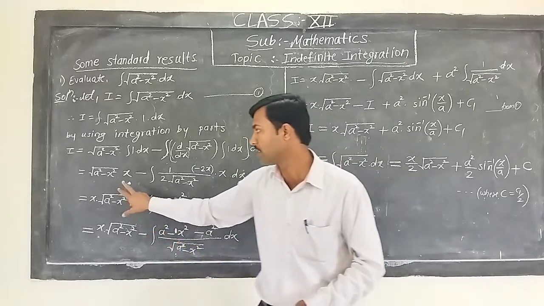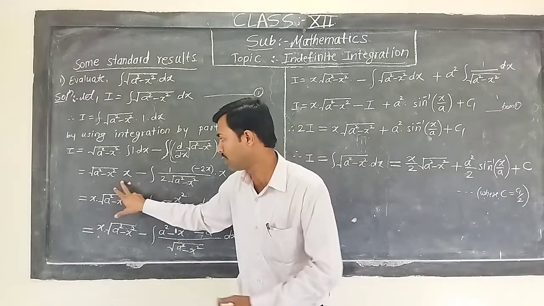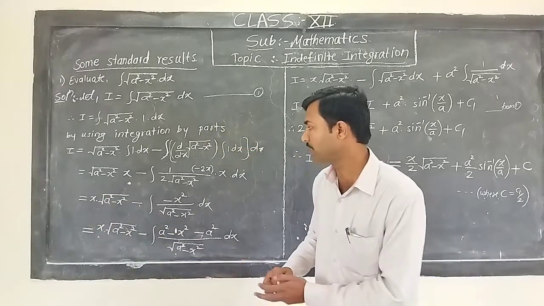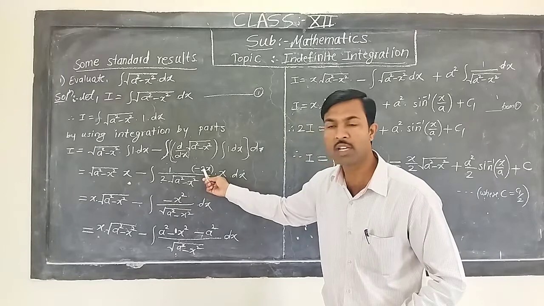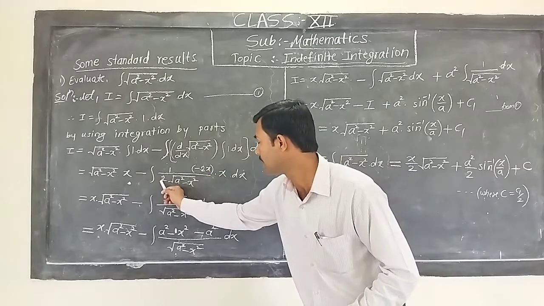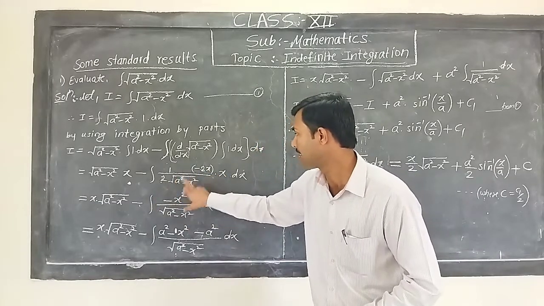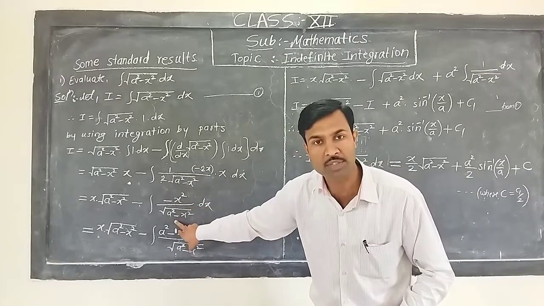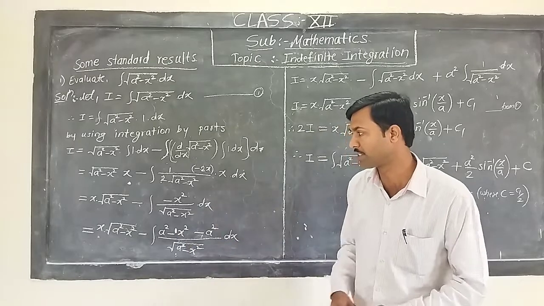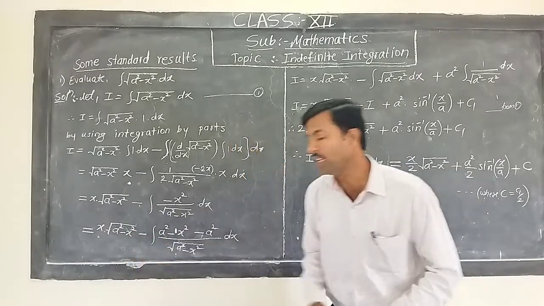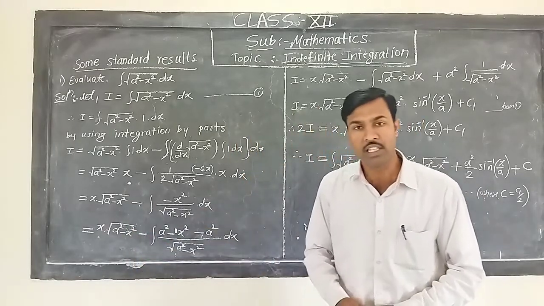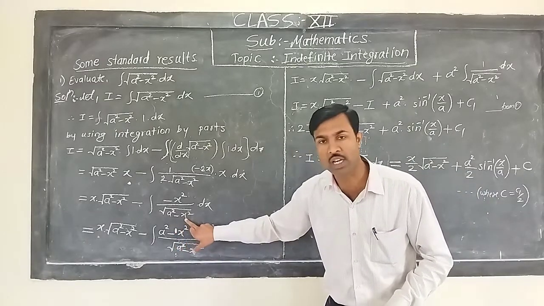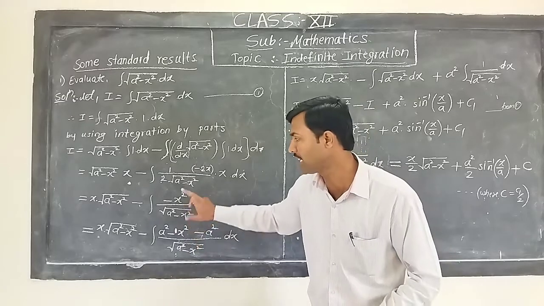Now friends, I write this x first: x into under root of a square minus x square, minus, here the 2 and this 2 in the numerator get cancelled. The remaining terms are minus, x into x is x square in the denominator under root of a square minus x square into dx. If you observe this term, the term in the denominator is a square minus x square while the term in the numerator is minus x square.